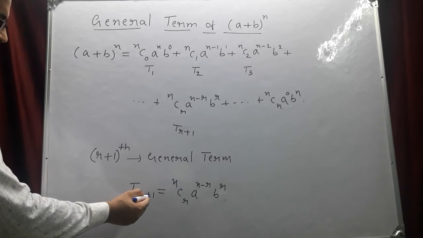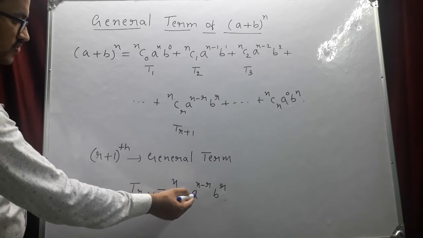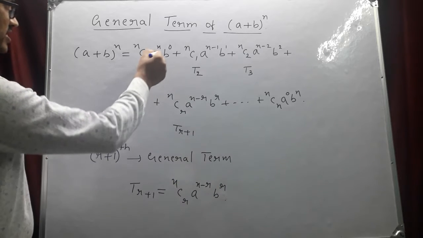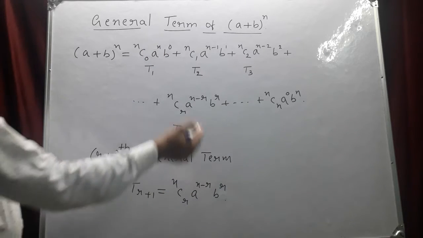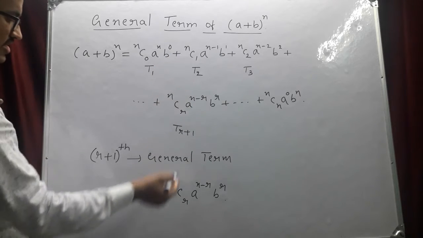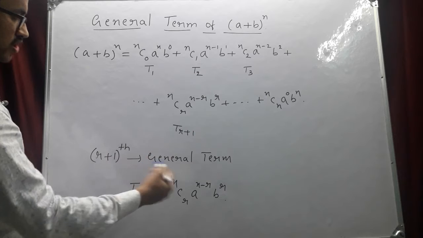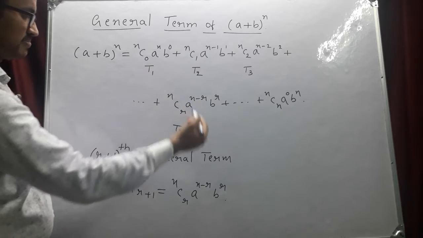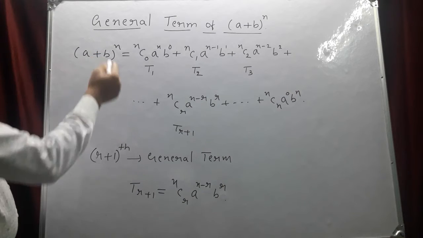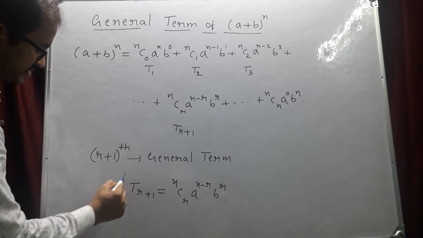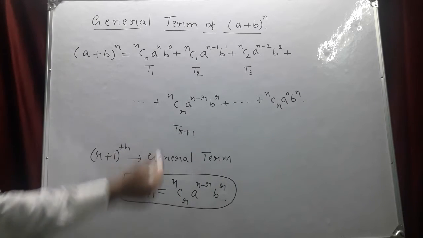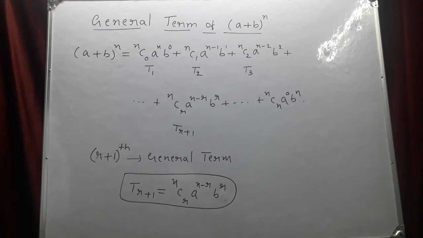I will get the first term. Similarly, if I give r = 1, I will get the second term, and so on. So we can obtain any term of the binomial expansion (a + b)^n by using this general term.